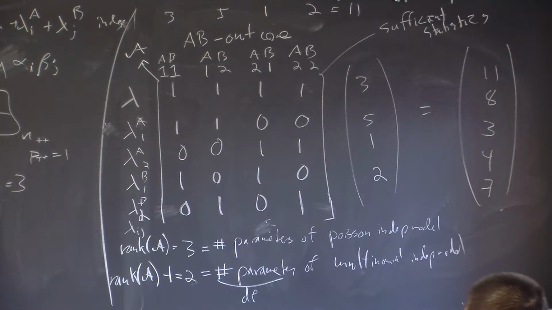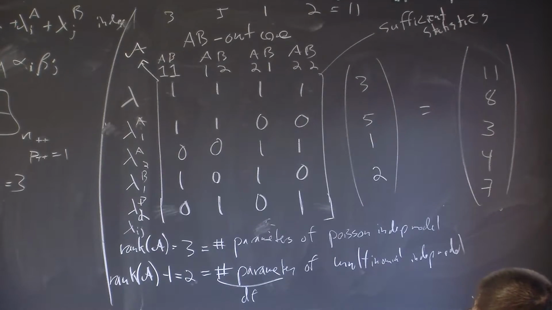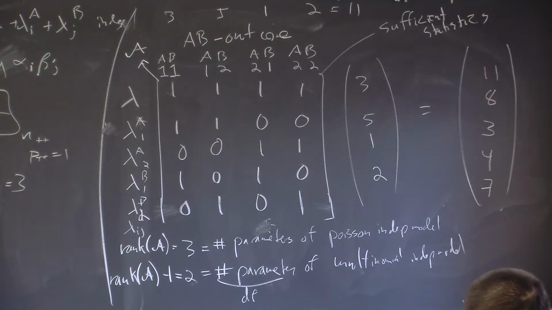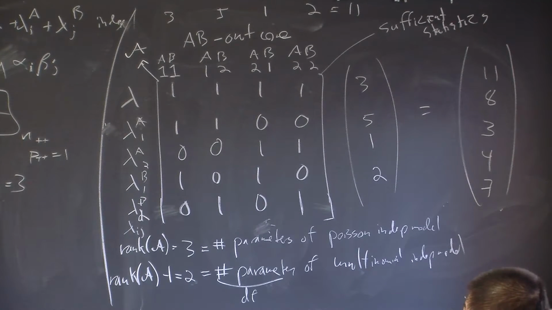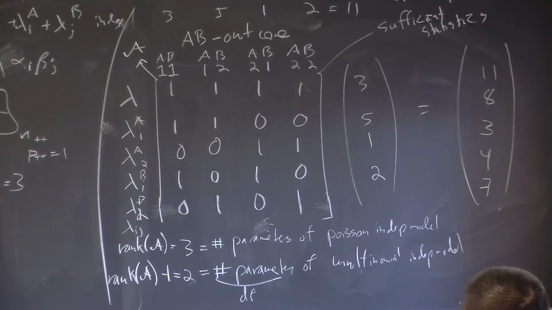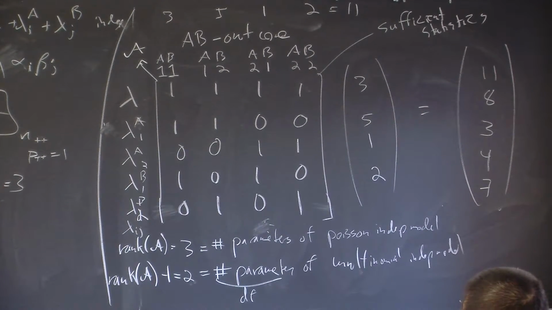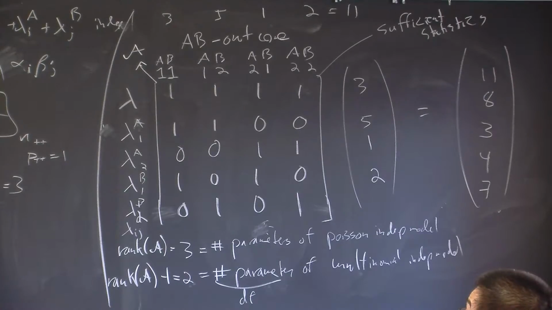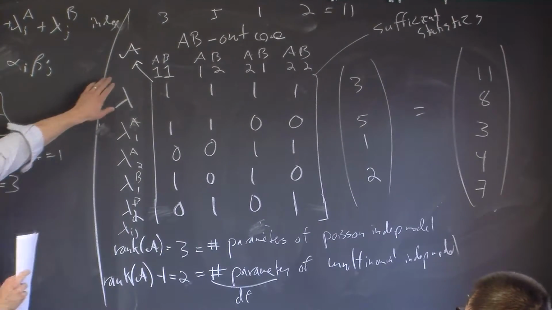I was wondering, can we think about this in a general case? Here we can think about the 2x2 case, so the rank of A is 3. If we think about 3 by 3, can we say it's going to be 9 minus 1 for the rank of A, if we write it in matrix form? Well, this A depends on the model.